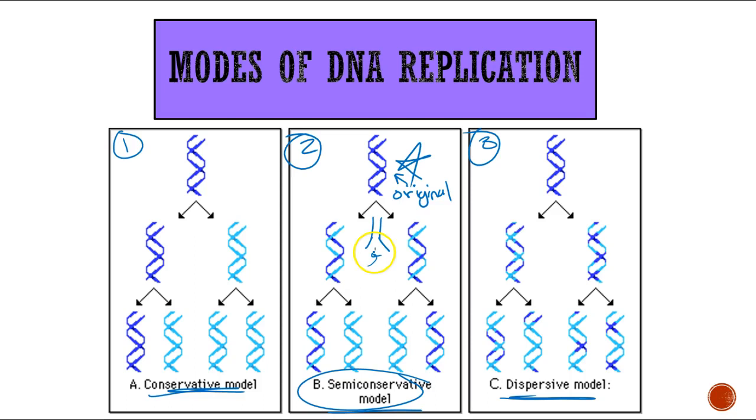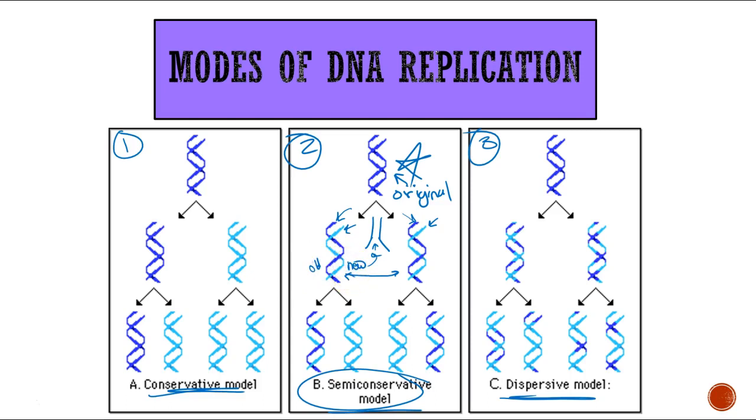By splitting this molecule in half, you're using the two dark blue template strands to produce light blue complementary strands. In both of these new molecules, there is a dark blue and a light blue strand, the dark blue being an old strand and the light blue being a new strand.